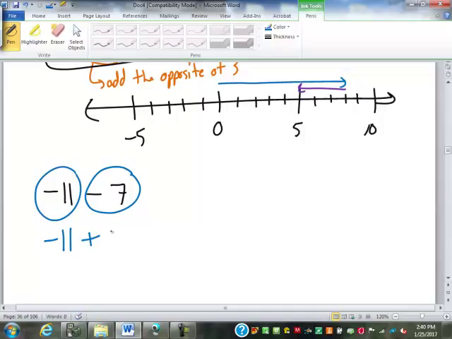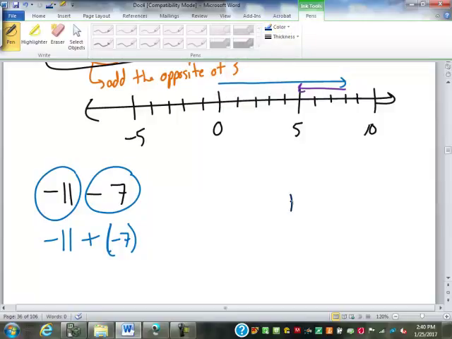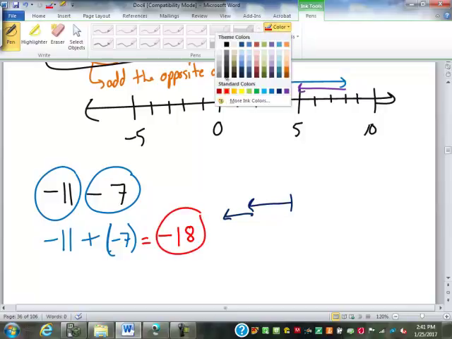The opposite of 7 is a negative 7. And now we can draw our vectors. Negative 11 goes this way. Negative 7, same or opposite? Same, right? They're both negative. So that tells us our answer is clearly negative, and they're both in the same direction, so we add the absolute values. 11 plus 7 is 18, so it's a negative 18.